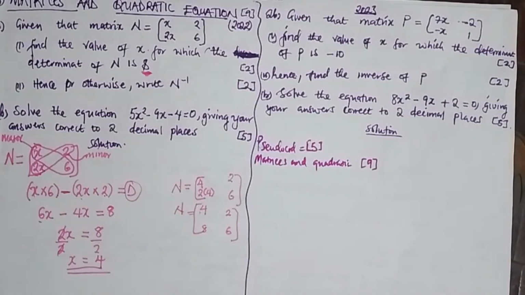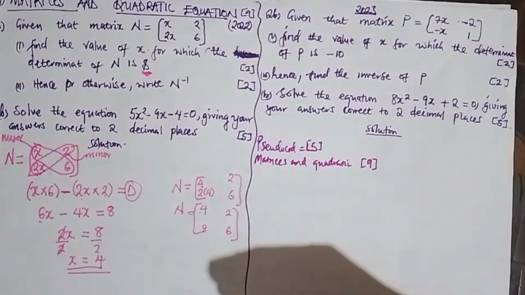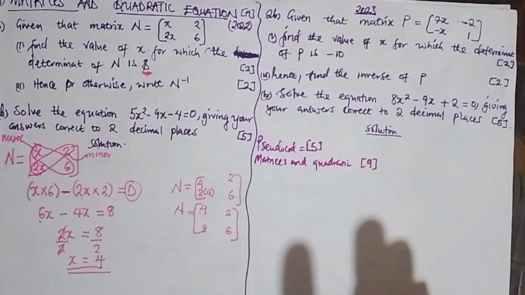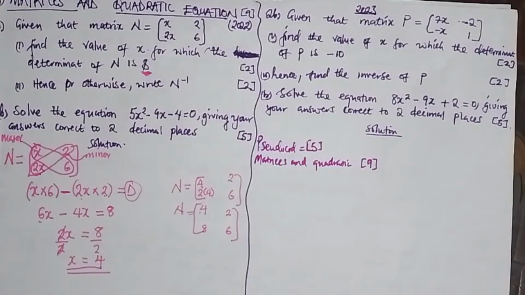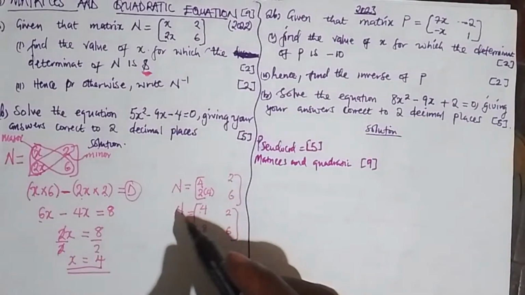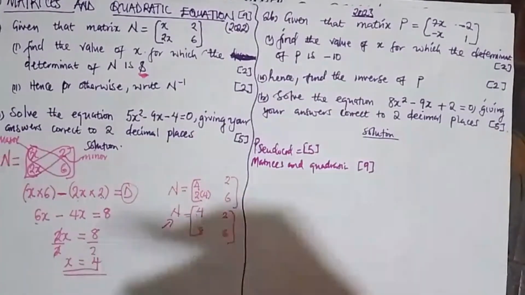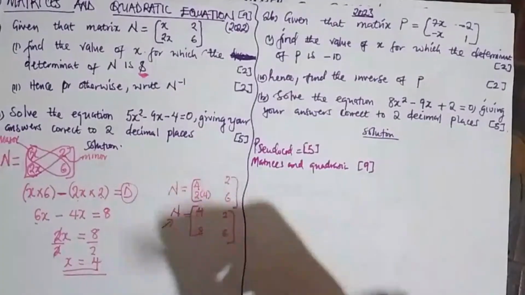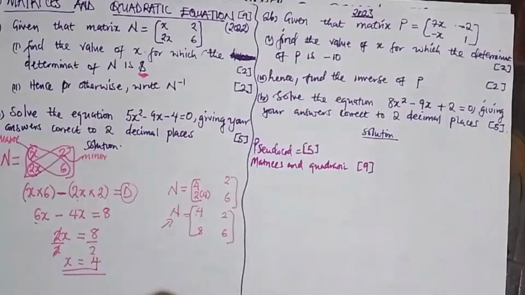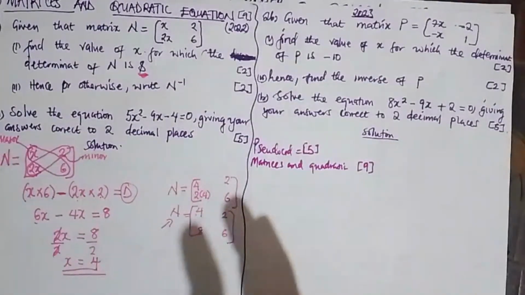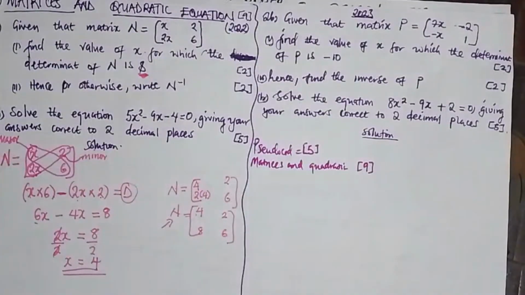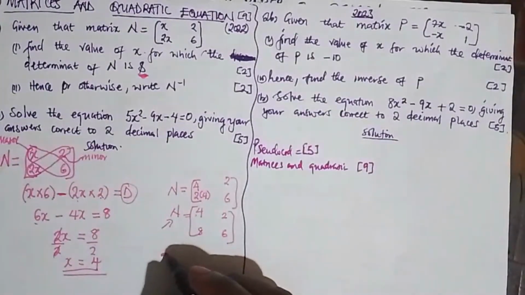So now that we have found our matrix N, our next step is to find the inverse. So finding the inverse, there are 2 steps which you need to know in order for you to find what? The inverse. What are those steps? So the first step is finding the adjoint of the matrix you are calculating. In our case, we are finding the adjoint of N. So how can you find the adjoint of N? The adjoint of N is simple. First, you do what?